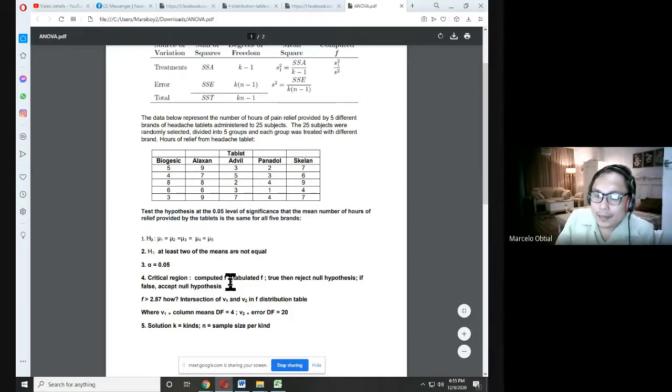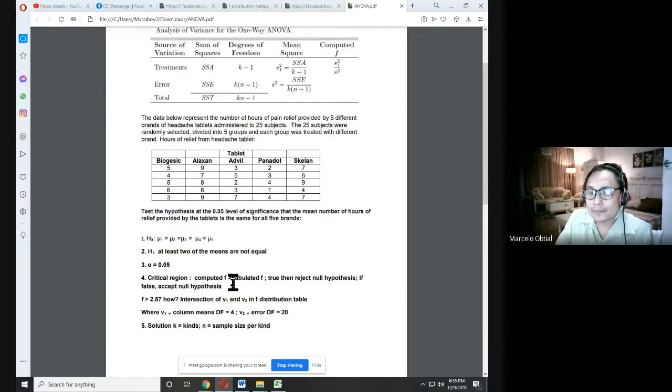Kapag yung computed F natin sa step number 5 is greater than yung tabulated natin, okay, doon sa ating table, if that is true, ibig sabihin na belong siya doon sa shaded portion. Tama ba? Kapag nabilong siya sa shaded portion, okay, we reject the null hypothesis. If this is false, ibig sabihin, computed F is less than the tabulated F, we accept null hypothesis.